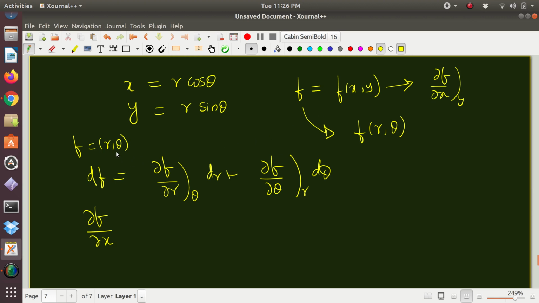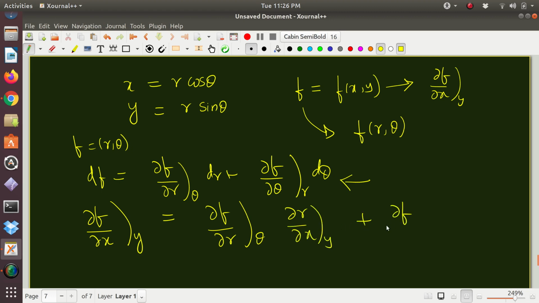Now you have the function in terms of r and theta. So how do you get this information from this representation? The answer is straightforward. What you do is use this total differential written here and differentiate this with respect to x, plus partial f partial theta at constant r times partial theta by partial x at constant y. Okay, so this is the idea.